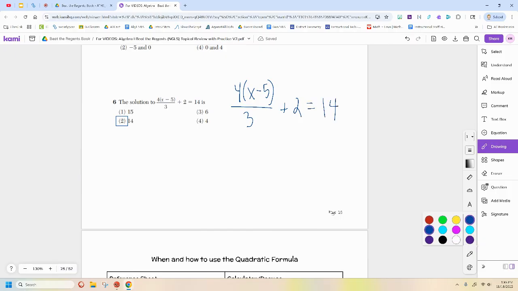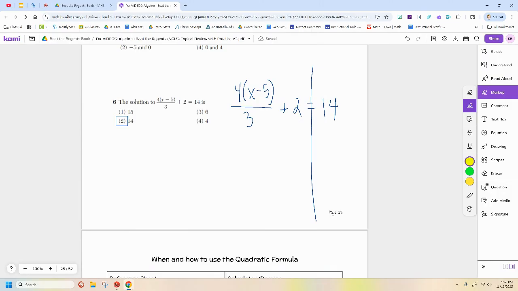Couple things. One, equations need to remain balanced, okay? That's the first thing. And then the next thing is when I'm solving, I'm trying to isolate x. And this is kind of how I like to think of it. It's kind of like layers of an onion.